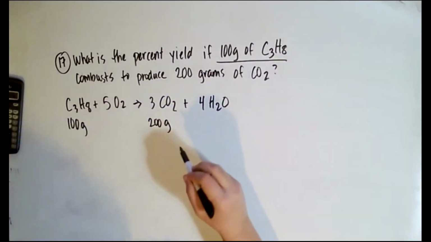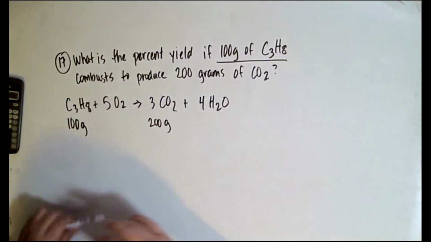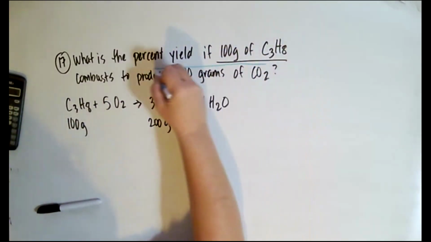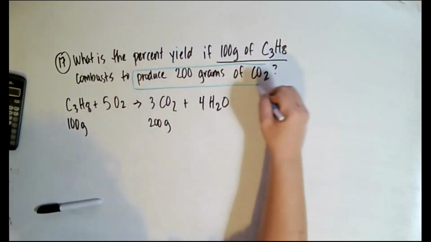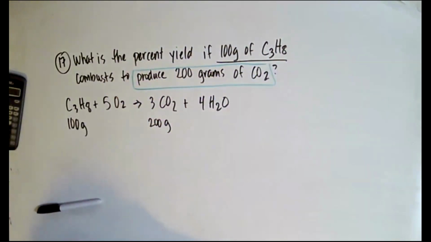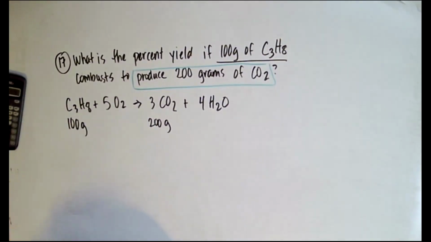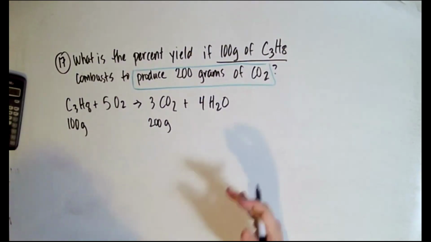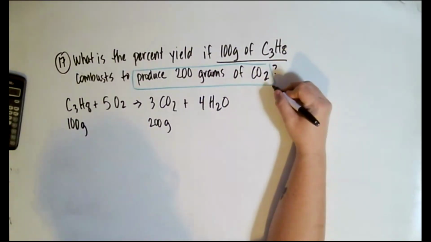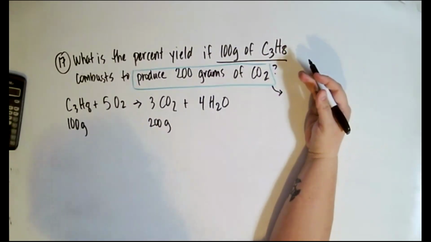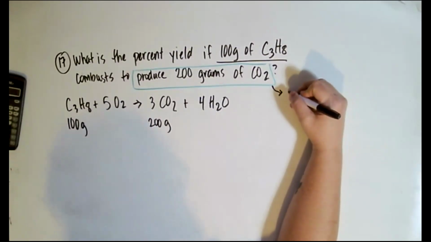Okay. This information here, when it tells us that we're able to produce 200 grams of CO2, they're telling us how much CO2 we are able to collect, that we're able to make at the end of the reaction. The product value that they're providing us in the information that we're given is going to be our actual yield.